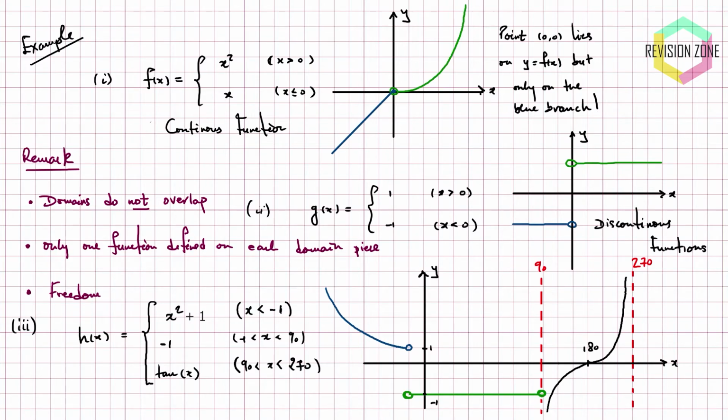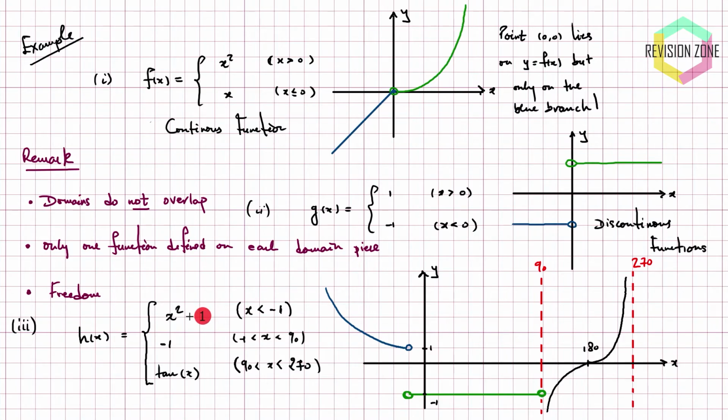Within a very short window of inputs, you've got the outputs going from negative infinity to positive infinity, and then for another window of inputs, you've got the outputs being constant, and then for an infinitely large window of inputs, so for x less than minus 1, the outputs are just positive, right?